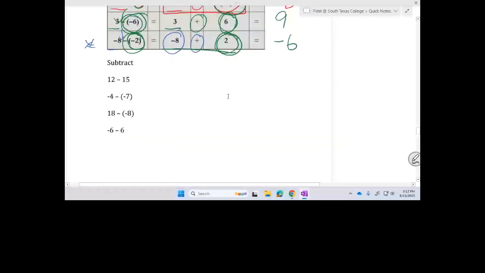Now look, I'm going to do the same thing here. I'm going to go through each of these questions. Remember, y'all, the first number, we leave it alone. That 12, that minus becomes a plus, okay? Look at my 15. Did it have parentheses around it? No, right? So it's a +15. So look, y'all, I'm going to put parentheses and make it into a -15.